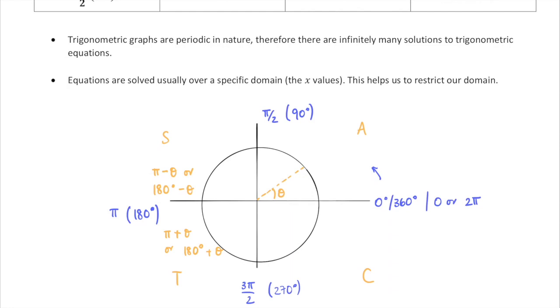And then to find the angle in the fourth quadrant, we're going to do 2 pi minus the angle if we're working in radians, or 360 degrees minus the angle. Now, this is going to become important when we start to solve, so just keep this in mind.